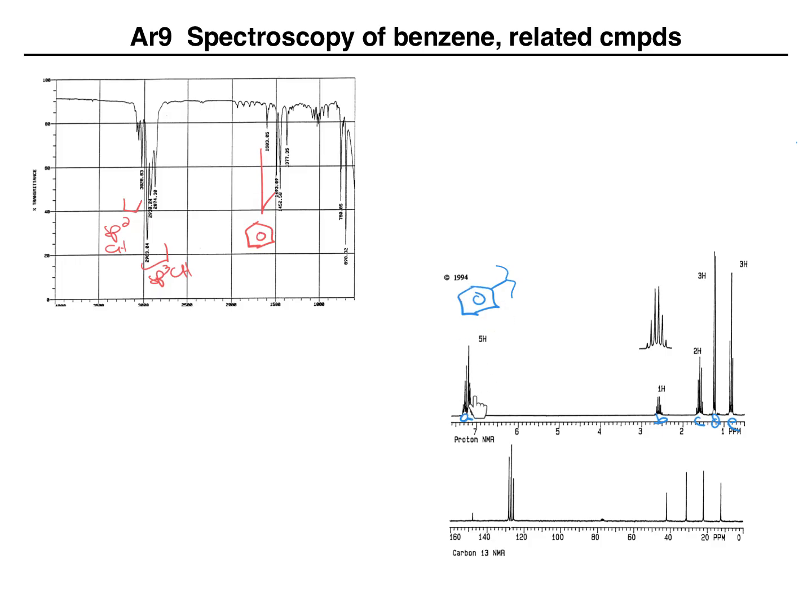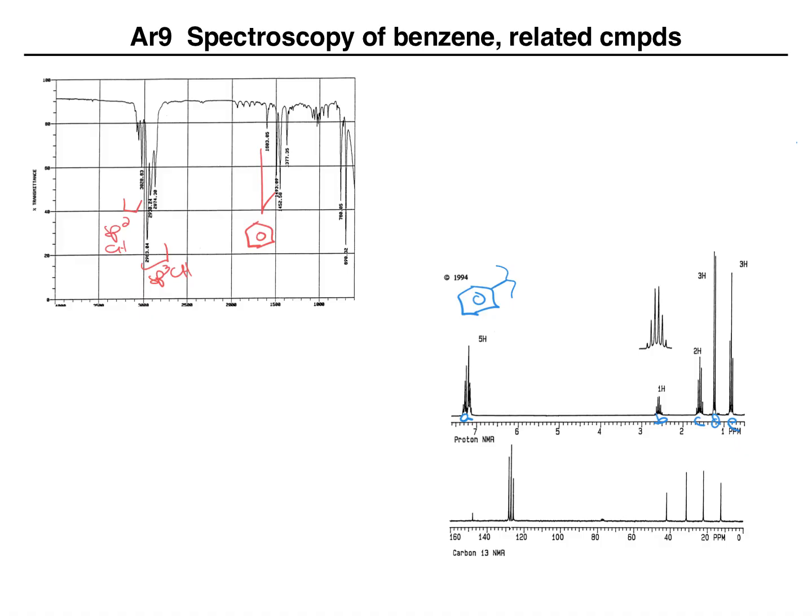Now, this is not a single signal. If we have a monosubstituted benzene, we know that these hydrogens are equivalent to each other, but they are different from these hydrogens, which are equivalent to each other, different from this one. However, these 3 signals in the aromatic region could overlap, and that's what we have here.